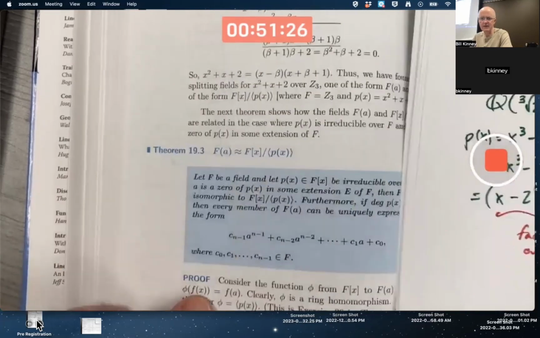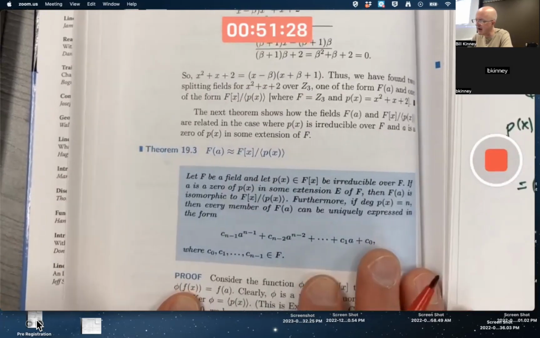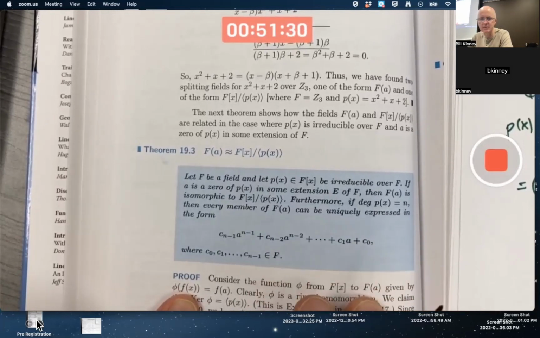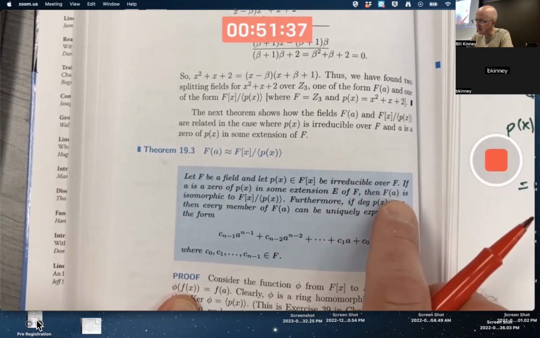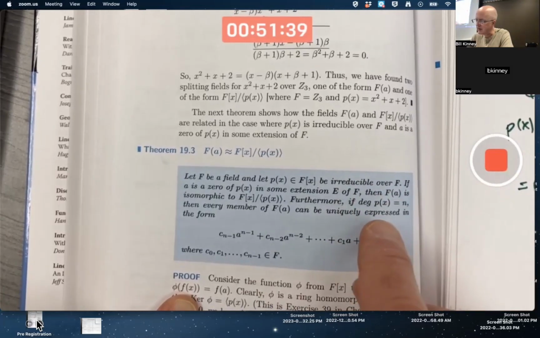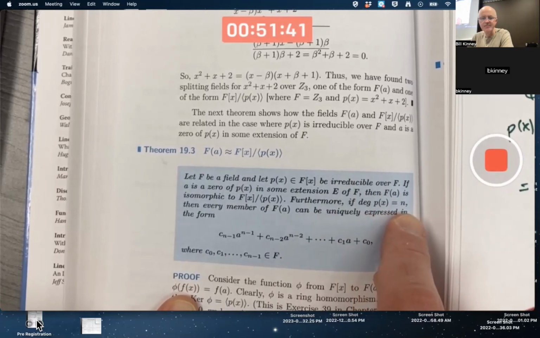Anyway, coming back to this theorem now. So we're applying this theorem with p of x equal x cubed minus 2, which is irreducible over Q. a is cube root of 2. Degree of p of x is 3.